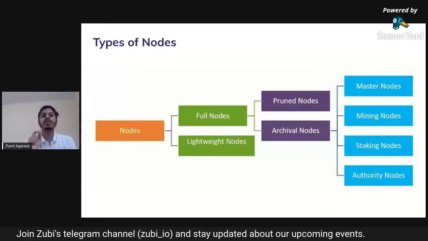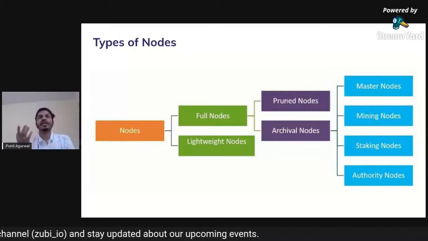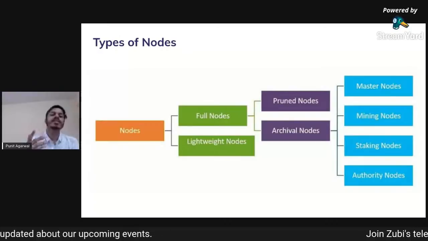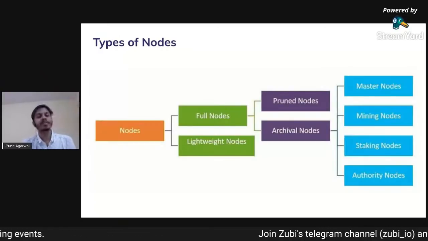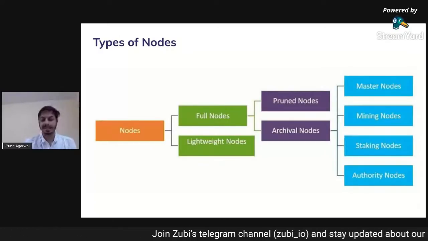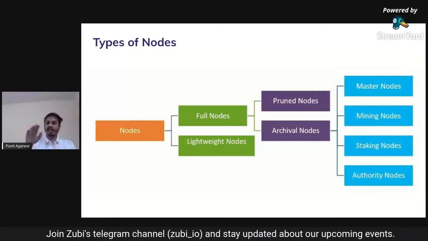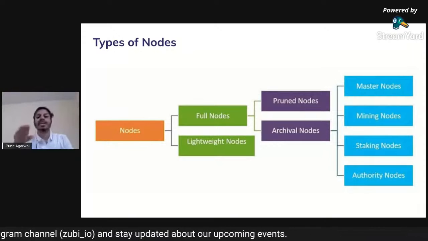We say blockchain is secure. Why do we say that? Because blockchain uses cryptography techniques. With cryptography techniques, we have hashing.